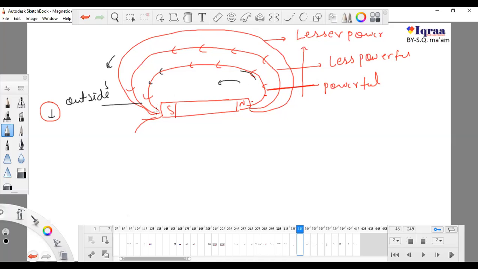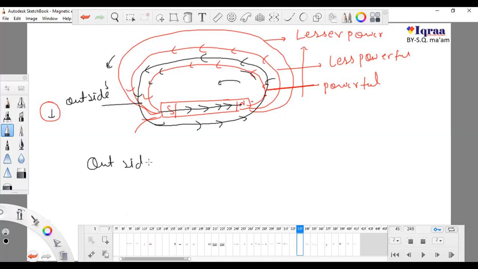But if I want to complete the circle, this is a complete circle, and the direction will be like this. So from outside they show a path from north to south, but inside they show a path from south to north.